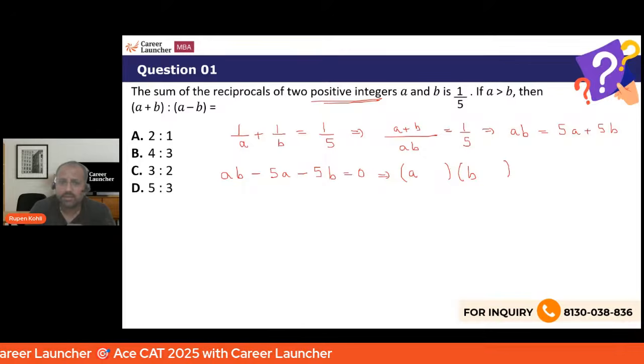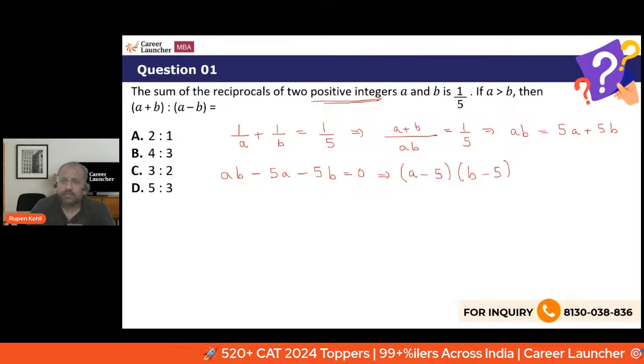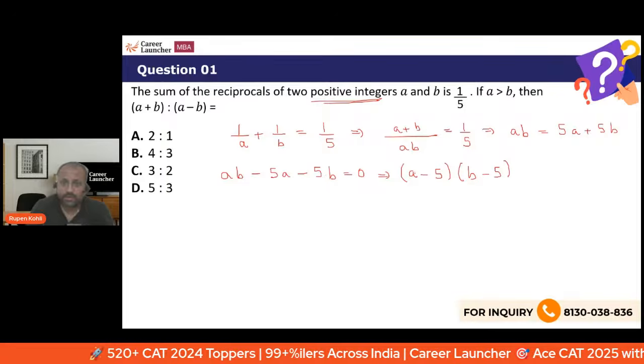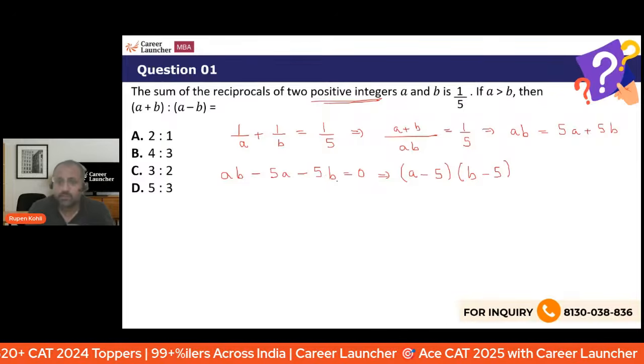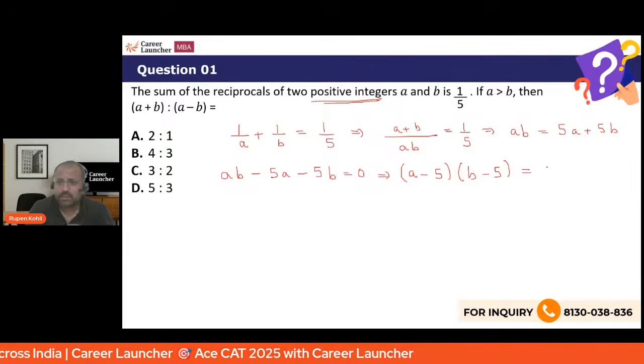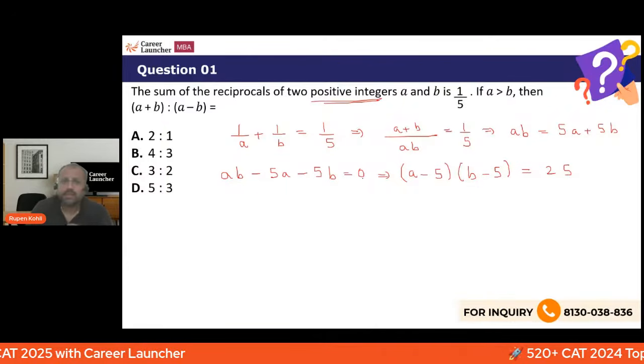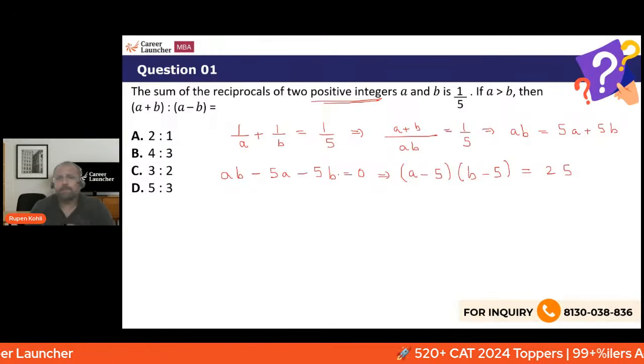Since we have minus 5a, I need to write minus 5 here to get minus 5a, and likewise minus 5b, so I'll need to write minus 5 over here. But from this I get these three terms, and I also get 5 times 5, 25, which was not there to begin with. Therefore, to balance the equation, I will need to write 25 on the right hand side. Now this is exactly the same as this equation, right?